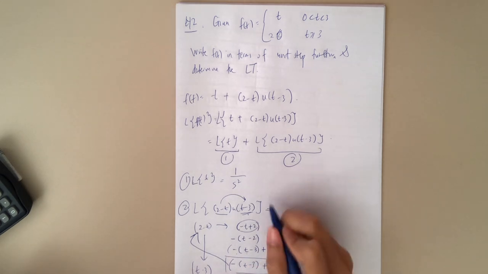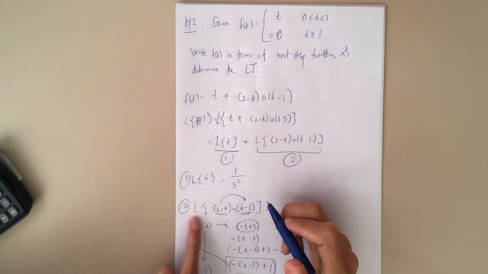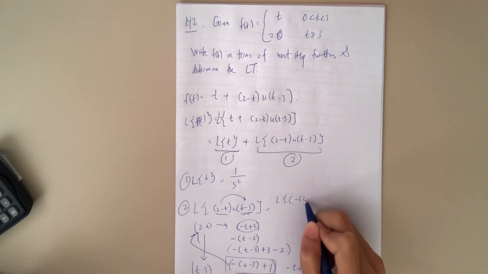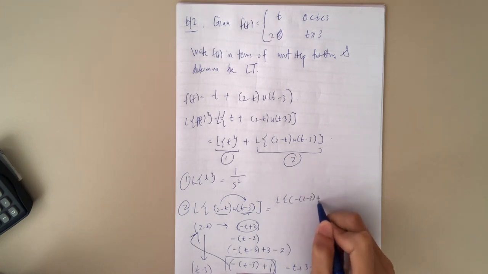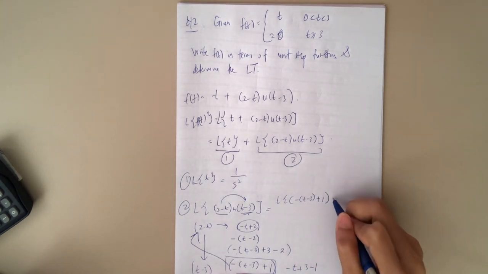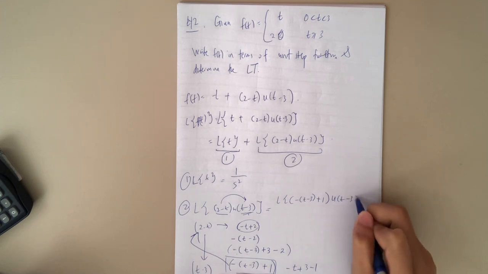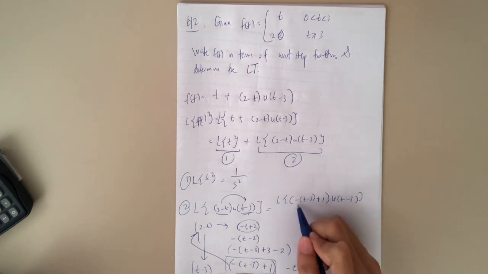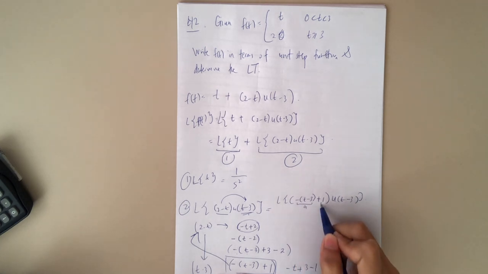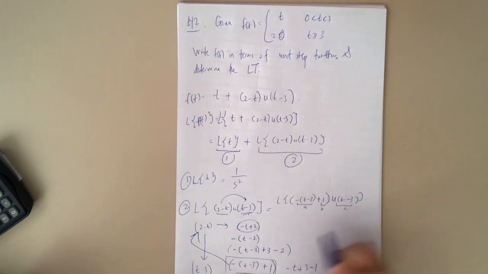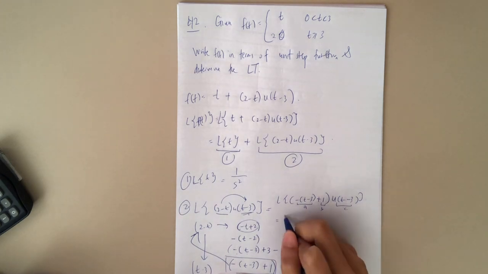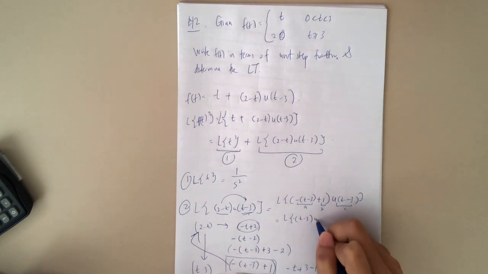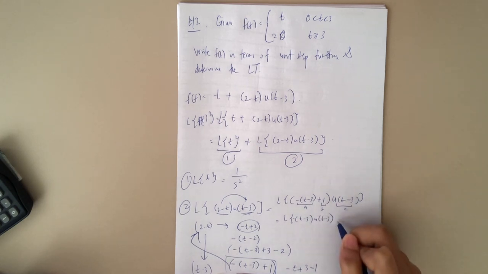From this equation, we will have this equation: negative t minus 3 plus 1 times u(t minus 3), of course. So you have t minus 3 here. Same thing like I showed before: this is A, this is B, this is C. So when you solve it, it will be negative (t minus 3) times u(t minus 3).